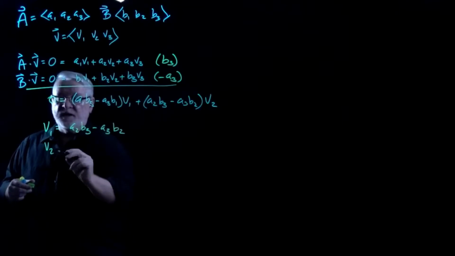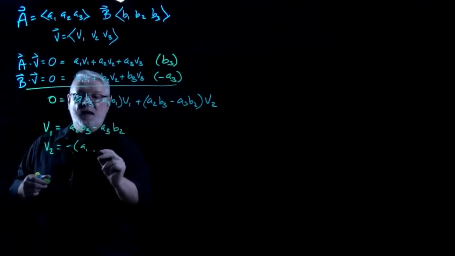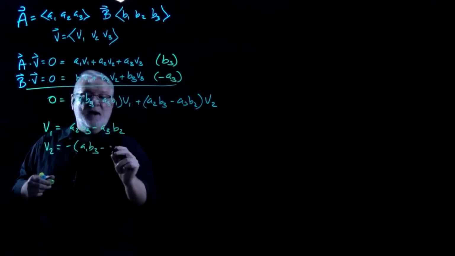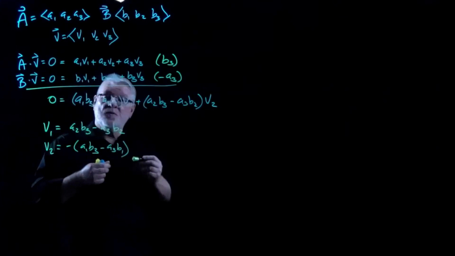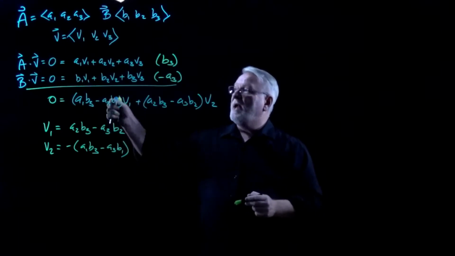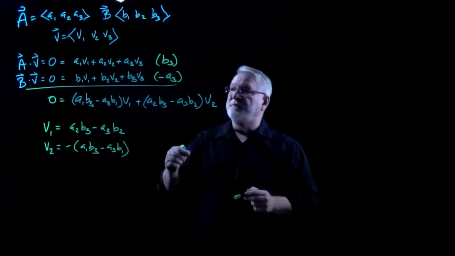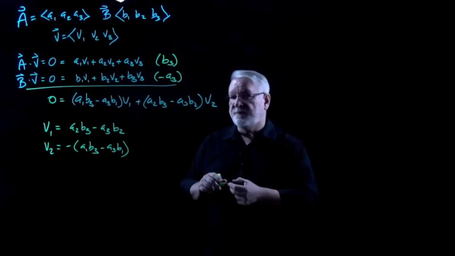And it's going to make V2 equal to the negative of this set of parentheses, A1 B3 minus A3 B1. Now, if I go further, if I take these solutions for V1 and V2, and I substitute them back into either one of these first two equations, I will get the following for V3.